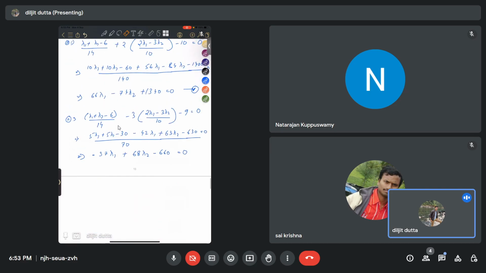So these are two equations that we are getting. We have to solve these equations. You can solve using a scientific calculator also, so I will solve using the scientific calculator.